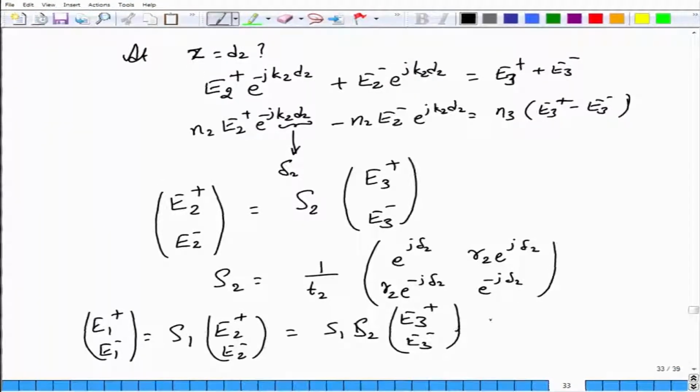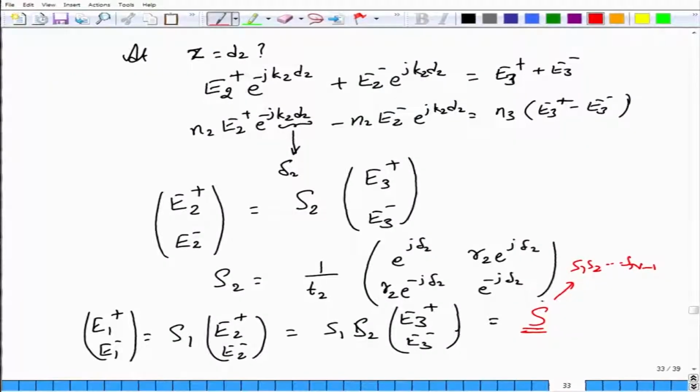So essentially what I have is a single big S matrix, which will be equal to S1, S2, all the way up to S of n minus 1, provided you have n number of media to consider. For each medium you will have to find the corresponding matrix S.